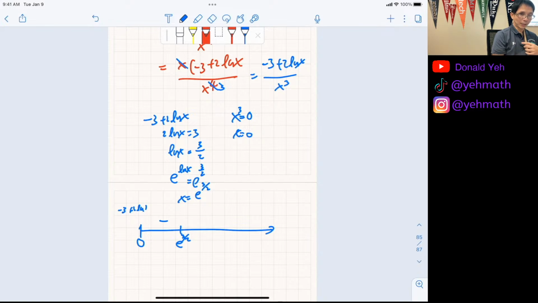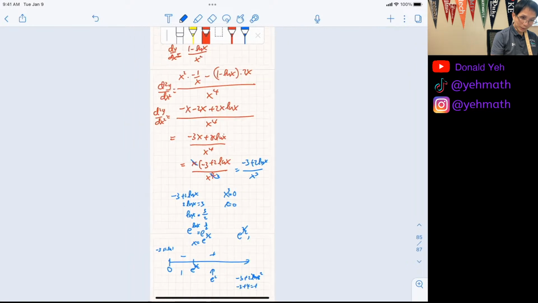And then if I plug in e squared, it will become positive: minus 3 plus 2 ln of e squared is minus 3 plus 4, which is positive. So the inflection point is at e to the 3 over 2.